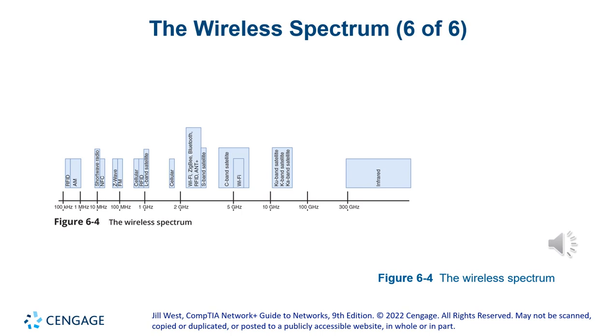So you got cellular, and then you got your Wi-Fi, which is at 2.4, and also at the 5 gigahertz. Right, the satellite communication, the C-band satellites also use that. Usually, like DirecTV and some of those services will use the Ku bands. The K bands are above the 10 gigahertz, and those are just for satellite communication.